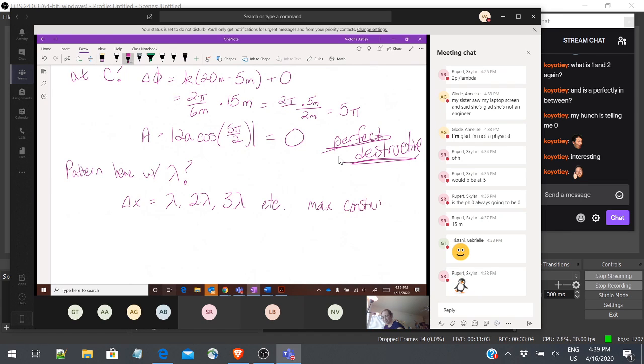We get perfect destructive. If one wave takes half a cycle longer to get there, then they're going to be off by half a cycle and interfere destructively.